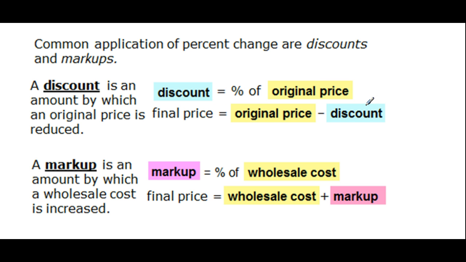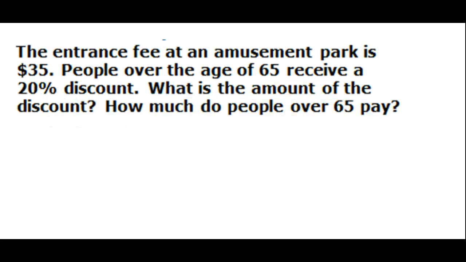So this is just another way of doing a percent decrease. For a markup, you're going to find the percentage of the wholesale cost, which is the original price, the original cost, and then you're going to take the wholesale cost and add the markup. So if you buy something for $10 and you sell it for $15, that would be considered a markup. Okay?